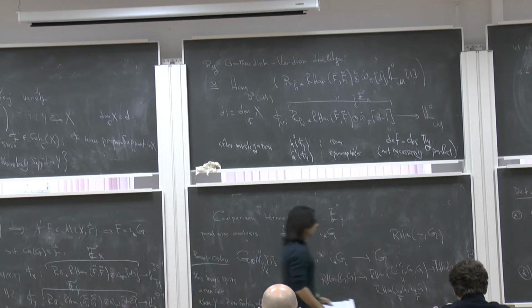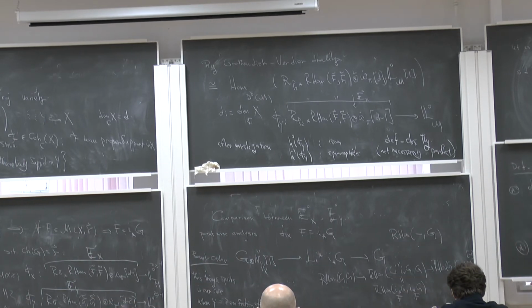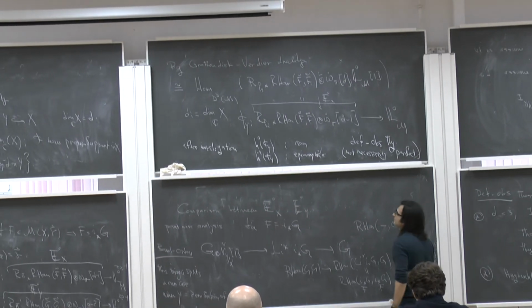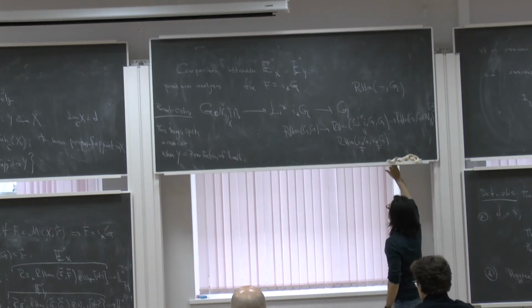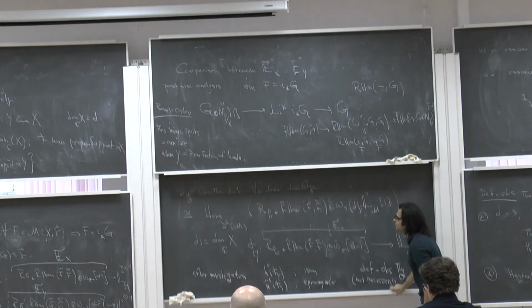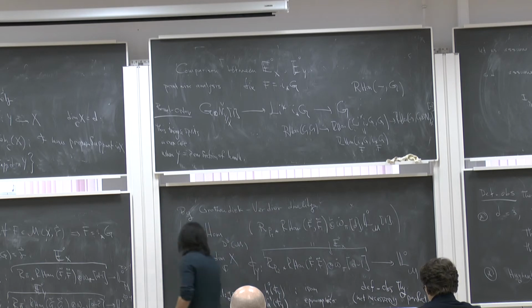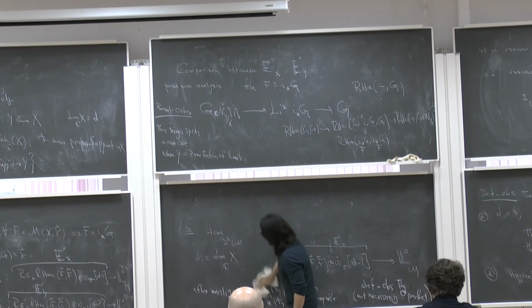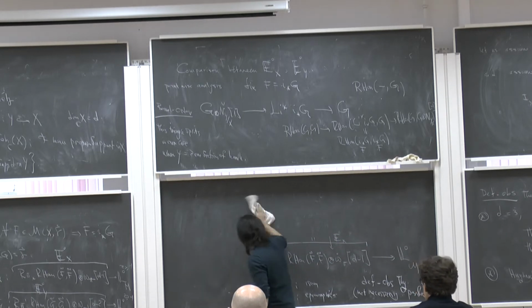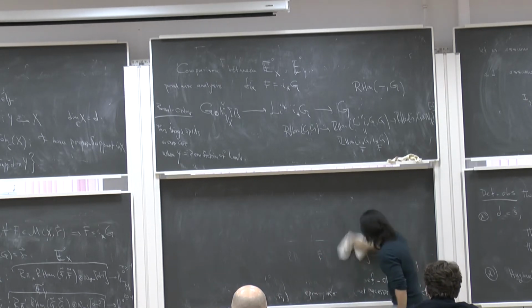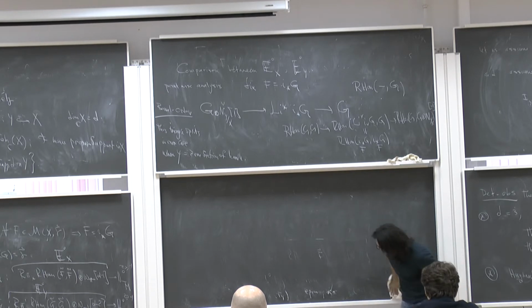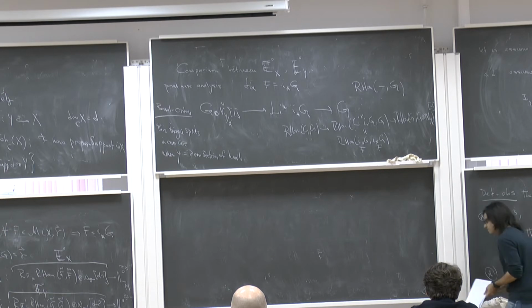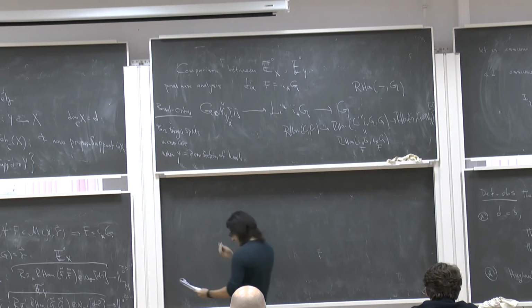Okay? Alright, so if I do this pointwise analysis in families, I will get the following. I will just put it, it's almost obvious, but I will not prove it. All I need to do is replace every F and G with universal sheaf F and universal sheaf G. And I will get basically something like that.